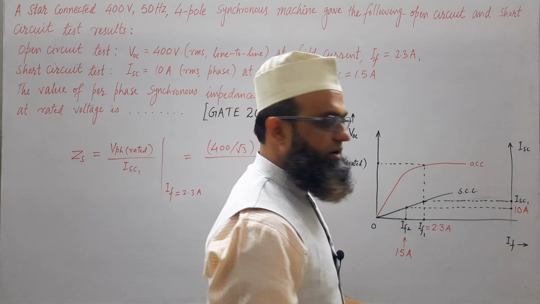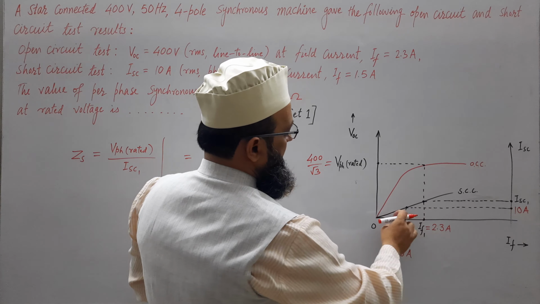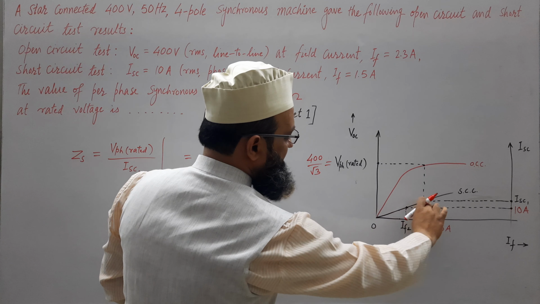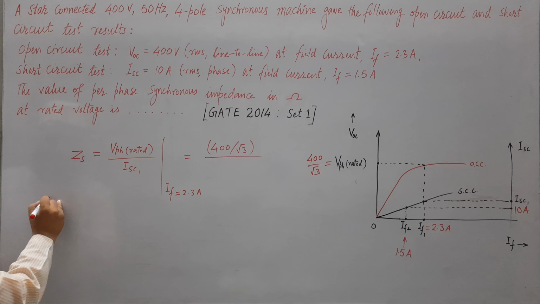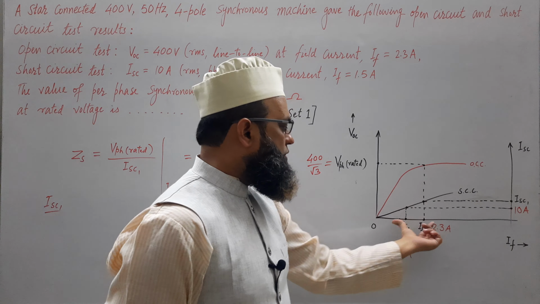Again, the same technique as discussed earlier. Take two similar triangles. In one, tan theta will be ISC1 perpendicular upon IF1.